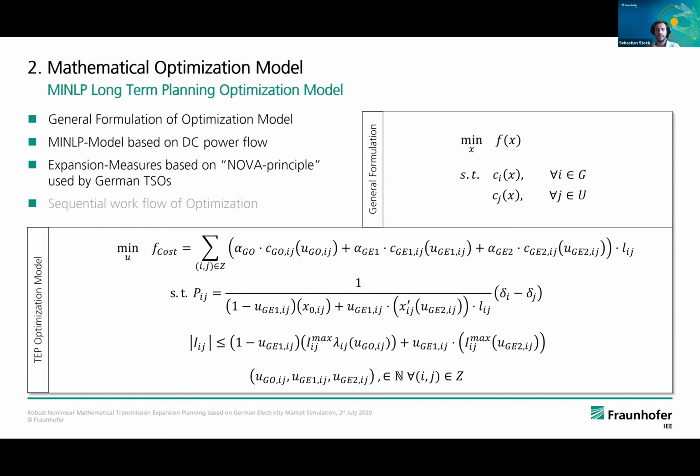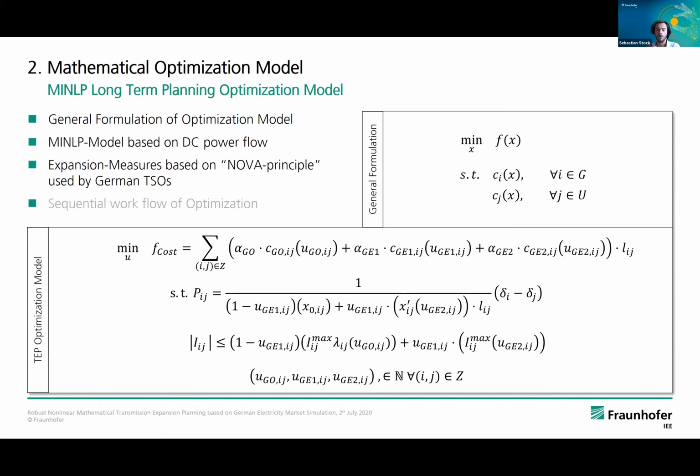And the expansion measures which are allowed are based on the NOVA principle used by the German TSOs. NOVA is a German abbreviation of Netzoptimierung vor Verstärkung vor Ausbau, which means network optimization before reinforcement, before expansion.